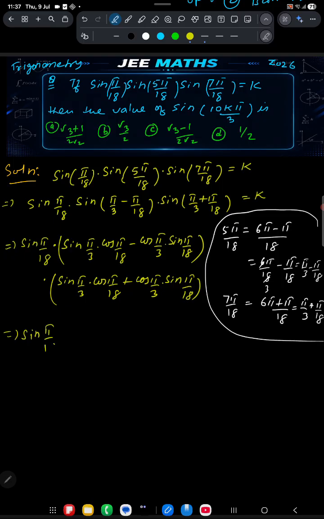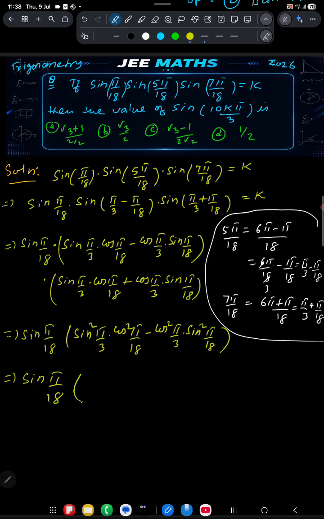Sine pi by 18 and then sine square pi by 3 into cos square pi by 18 minus cos square pi by 3 into sine square pi by 18, bracket closed. This will imply sine of pi by 18, and sine square pi by 3 means sine square 60, that is root 3 by 2 square, and cos square pi by 18 as it is.